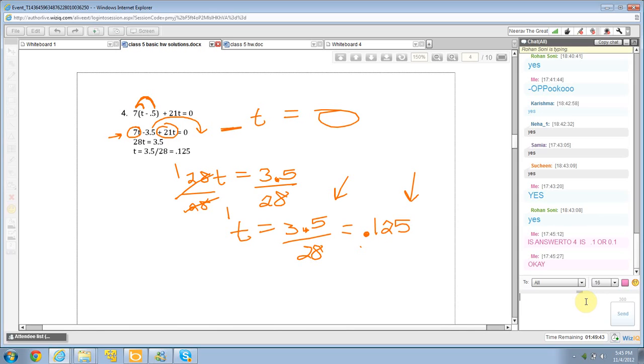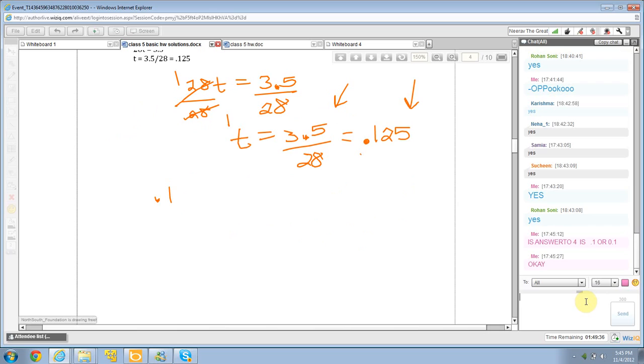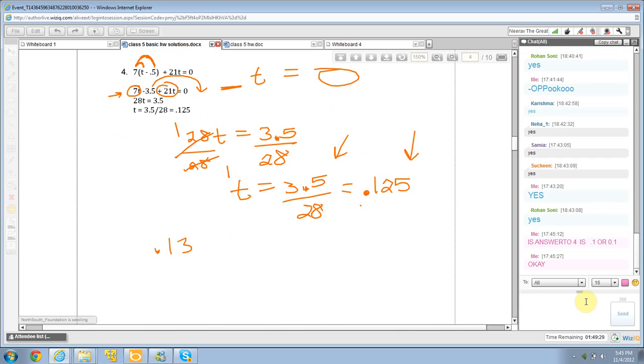There's some pretty mean decimals out there, so that way when you check your answer, you can make sure it's the right answer. Because if I round it to 0.13, let's say, when I plug this in, I won't get exactly 0, I'll get a little off.